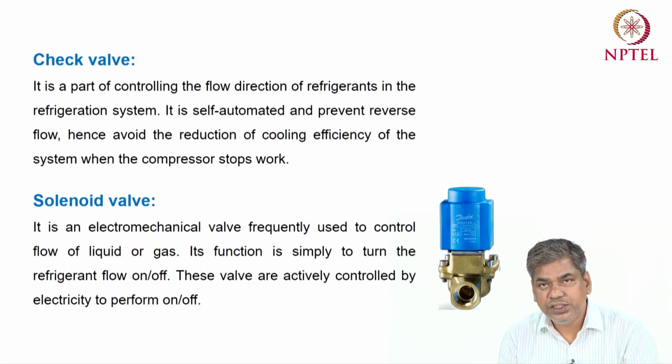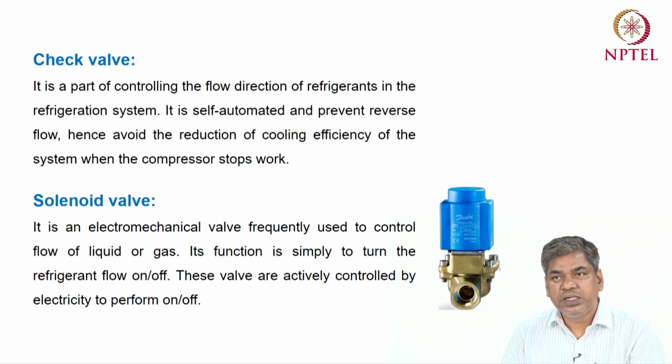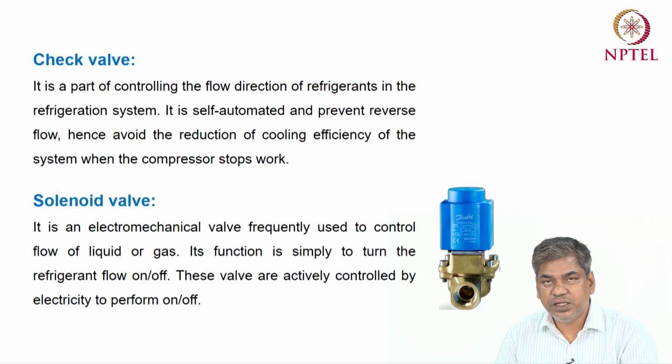Then another is the check valve and the solenoid valve. These are basically flow control valves. The check valve controls the flow direction of the refrigerant in the refrigeration system. It is self-automated and prevents reverse flow, avoiding the reduction of cooling efficiency when the compressor is stopped.